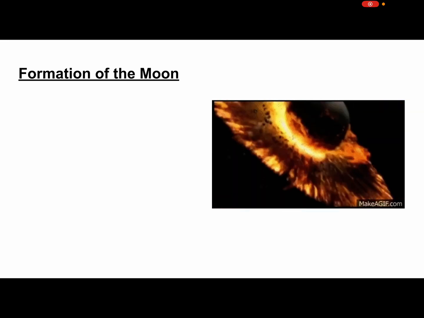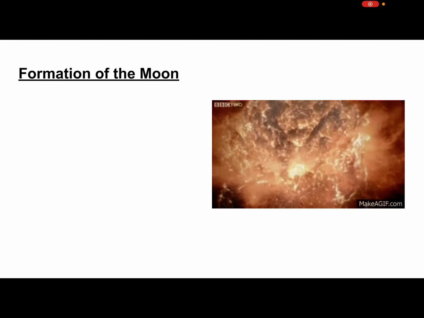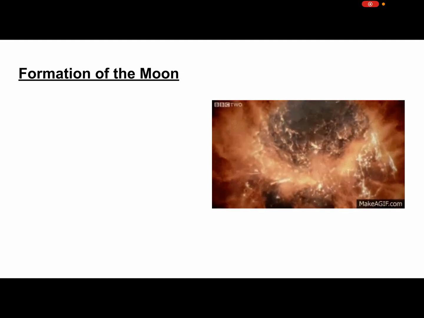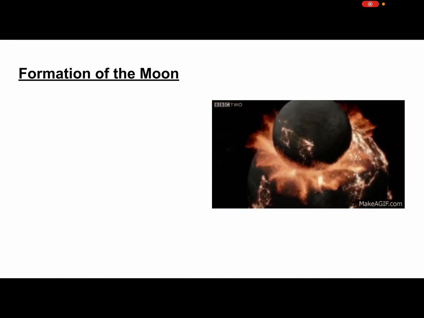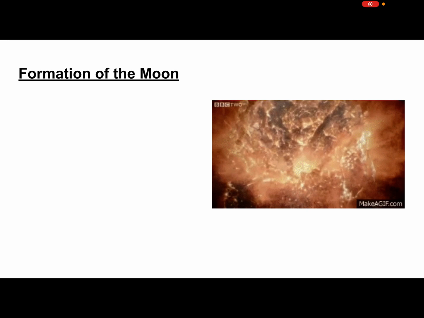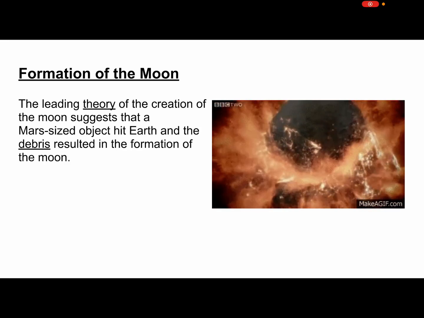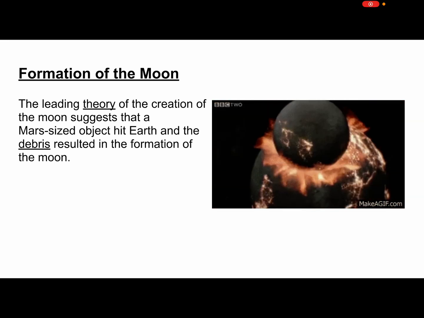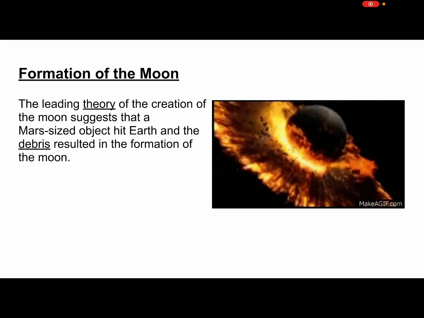Okay, the next thing is about the formation of the moon. You can see in this animation here, there's a large object that's colliding with the Earth and is causing the inside of the Earth to get smashed out into space. All of that rock and part of the mantle is going to get splashed out into space. So it's a Mars-sized object that's hitting the Earth, and this is what we think happened to create the moon.